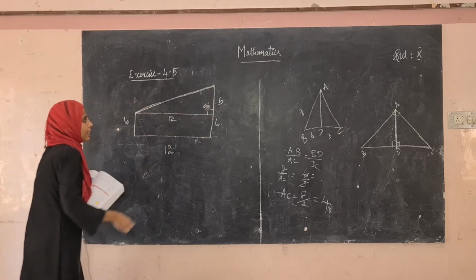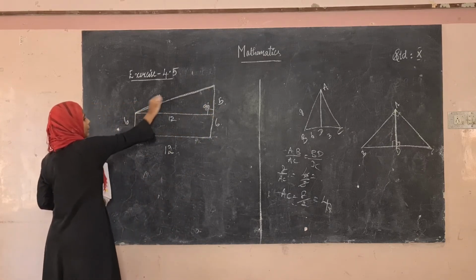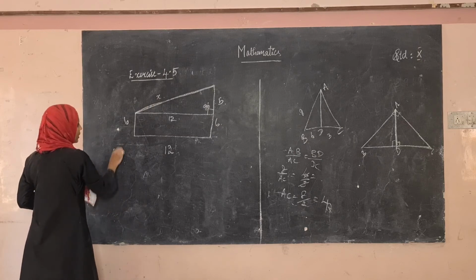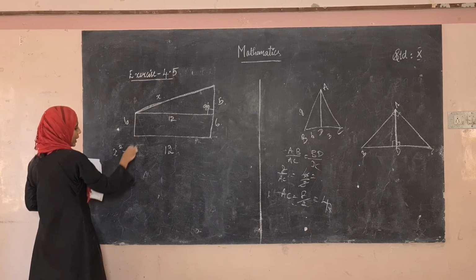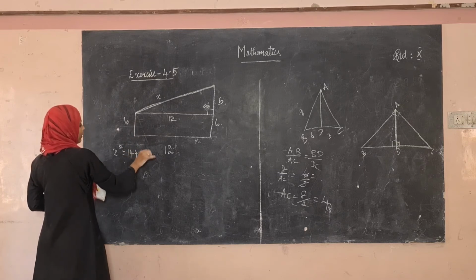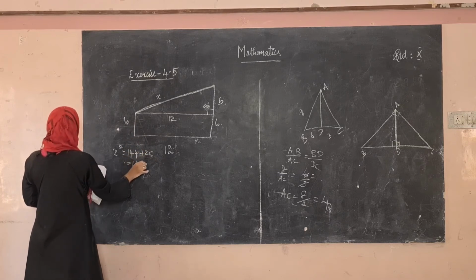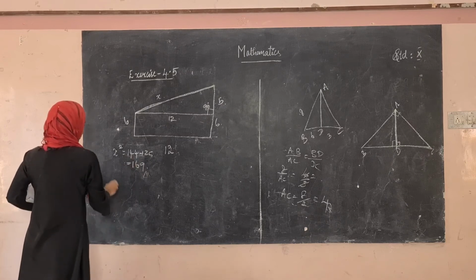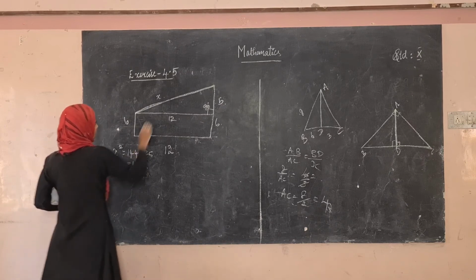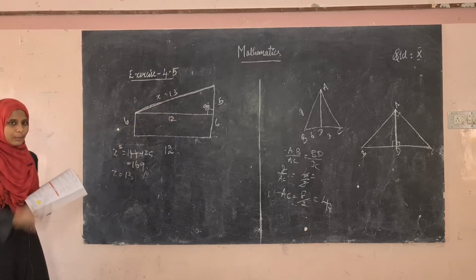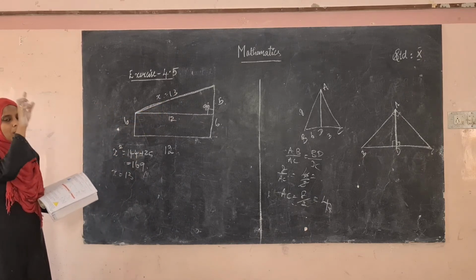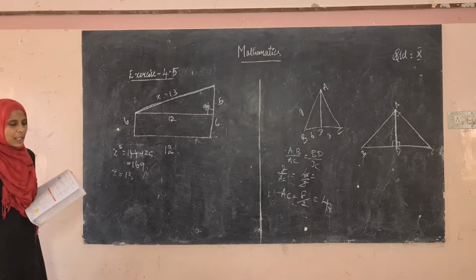Therefore let this be x. By using the Pythagoras theorem, x square will be equal to 12 square plus 5 square, 144 plus 25, which is equal to 169. So x is equal to 13. That is the distance between the tops of the two poles, 13 meter.